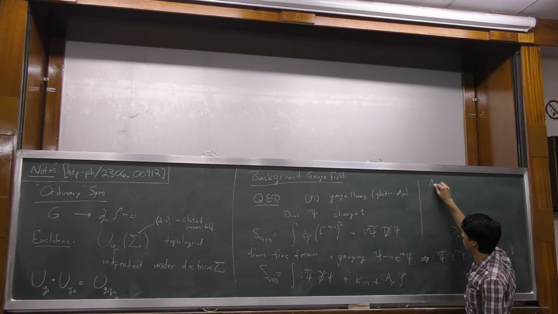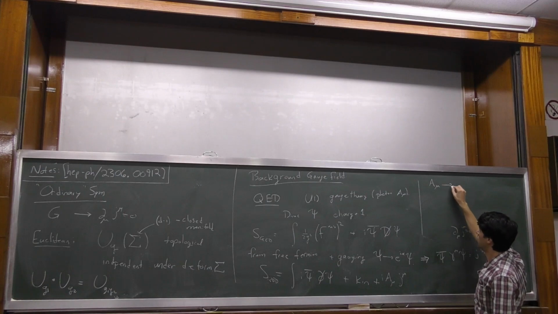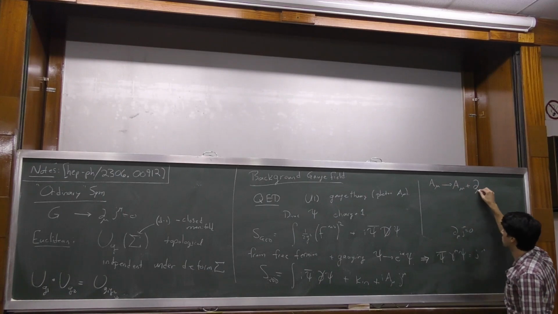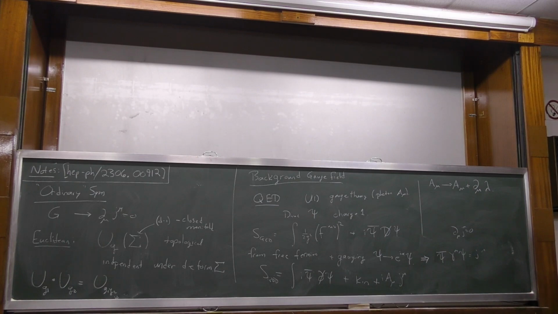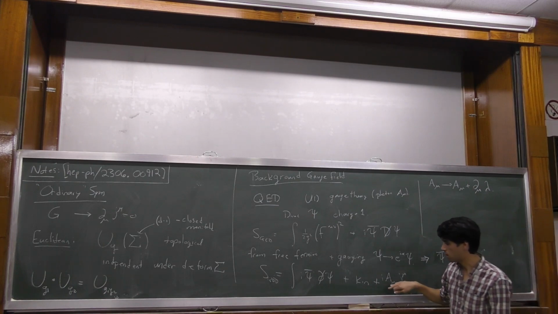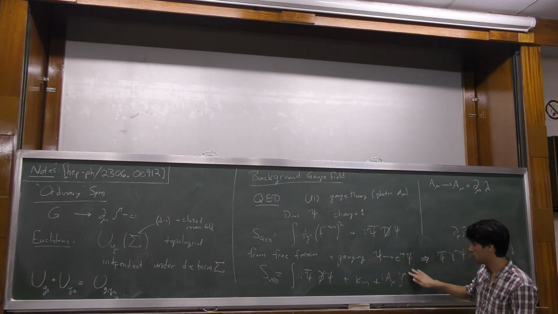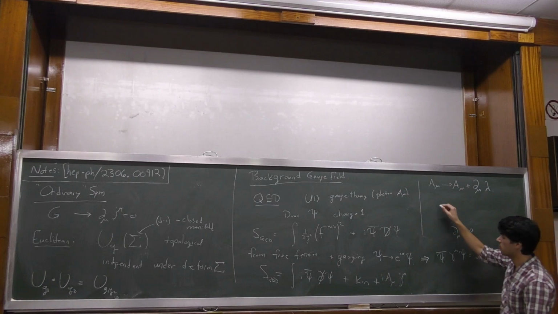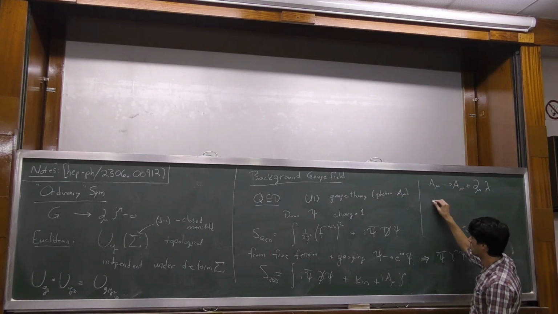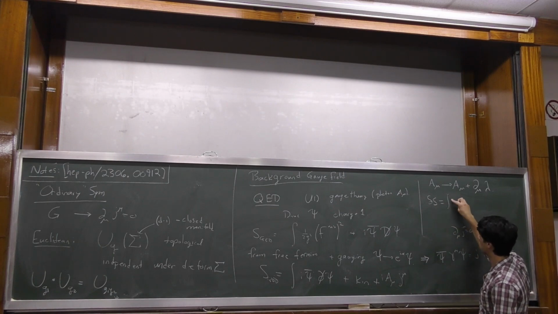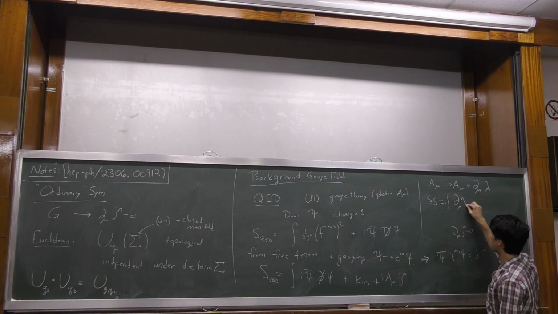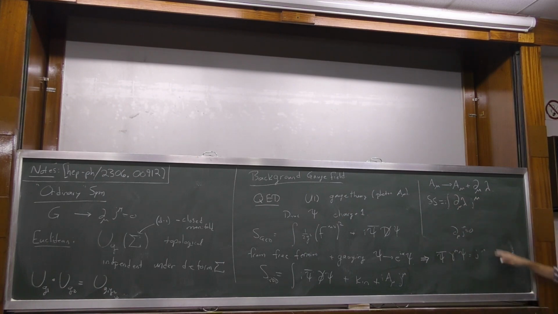The gauge transformations for the photon are A_mu goes to A_mu plus the derivative of lambda. Then this term is invariant under this gauge transformation, because you get a term that is 0 because J is conserved.